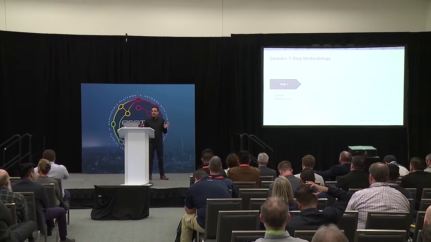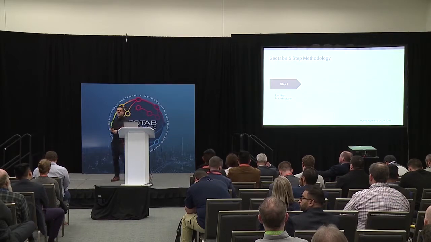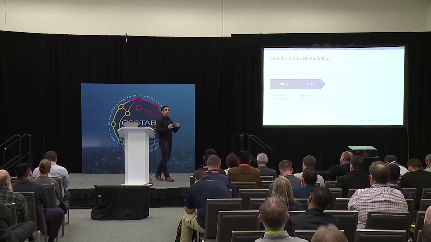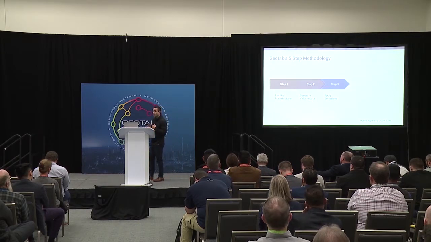What we're looking at is, I'll highlight the methodology very quickly here, then we'll dive into each one of these areas to give you an idea of how we run this score and then how you access it within MyGeotab. The first step is we're going to identify the manufacturer, make sure we've got that. Second step, we generate all the vehicle data that we use to create this score that we've coined. We apply exclusions.